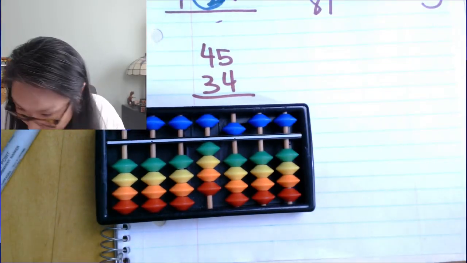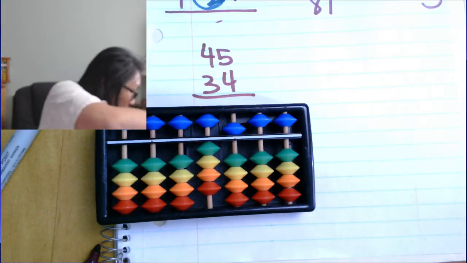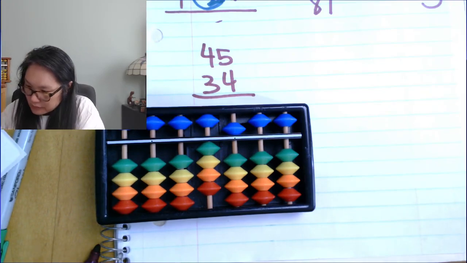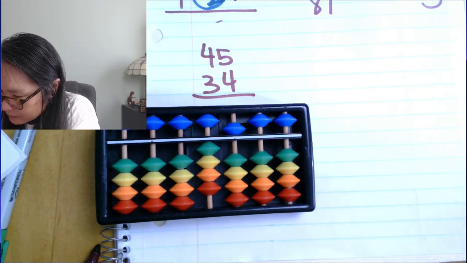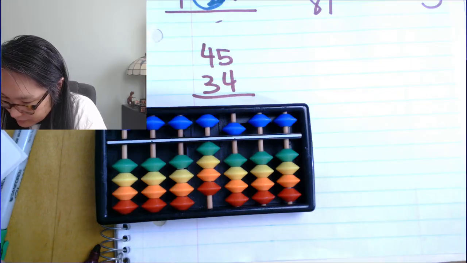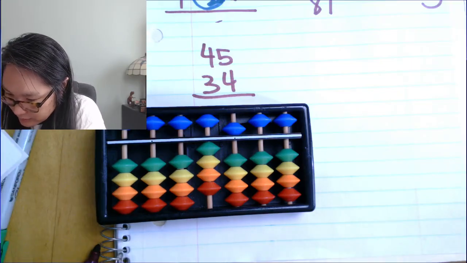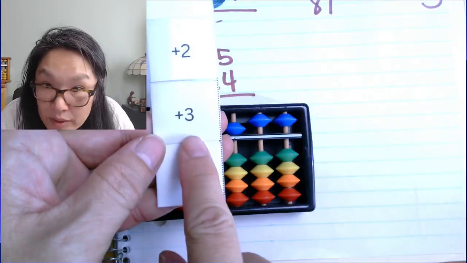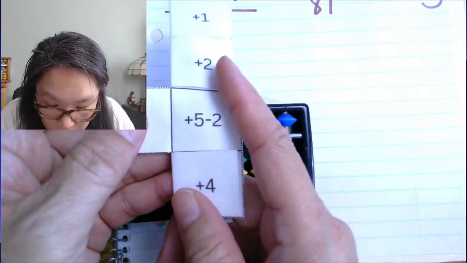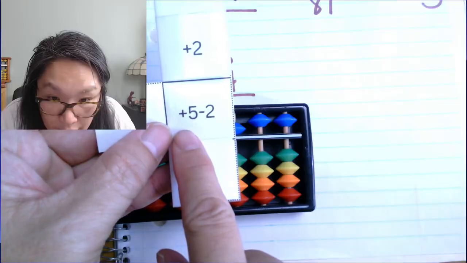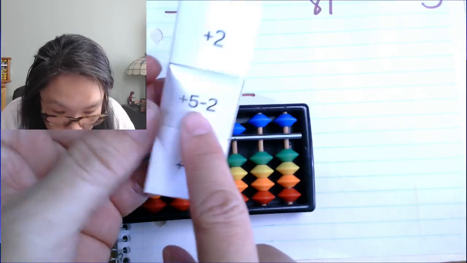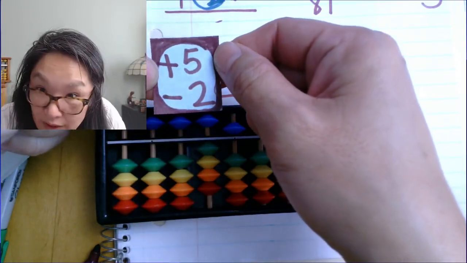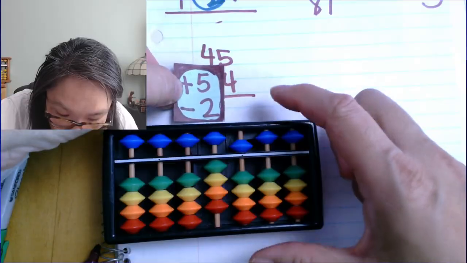I have to plus the 5 is equal, plus the 3. I have to plus the 3. So we know this. Plus the 3 is equal to plus the 5 minus the 2. So we take this plus the 5 minus the 2 and we put it right here.